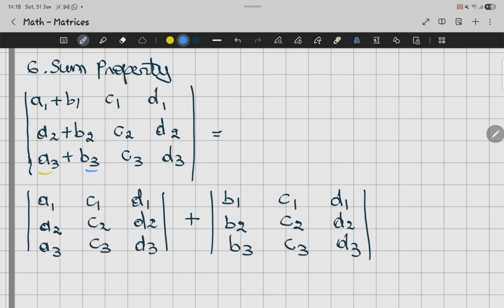So this is what you're going to get. As you can see, this is what we call the sum property.